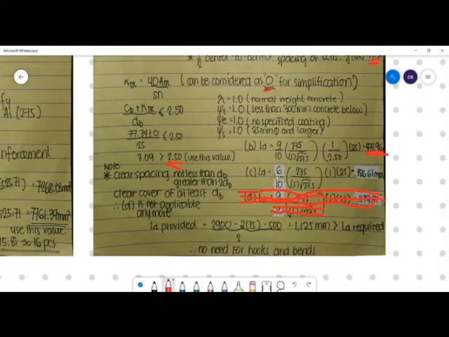L sub D is equal to 6 over 10, 275 over 1 times square root of 27.5, times 25, equal to 786.61.